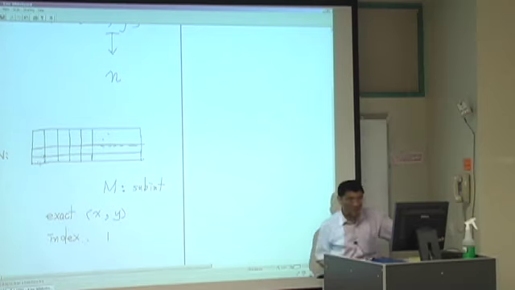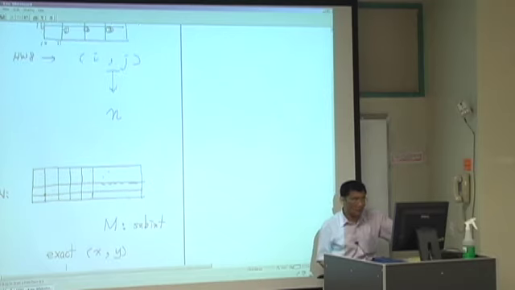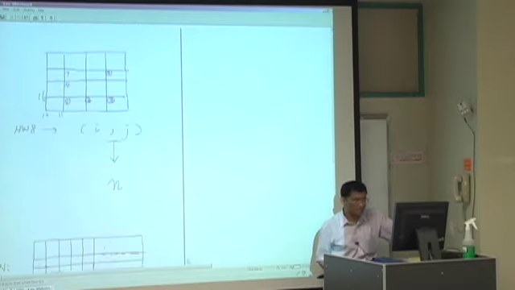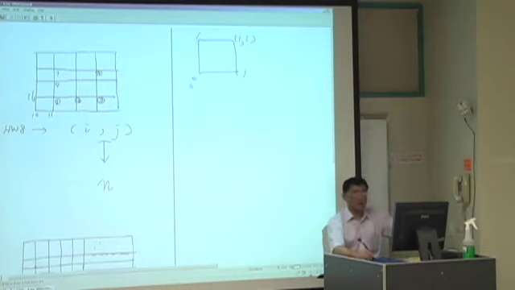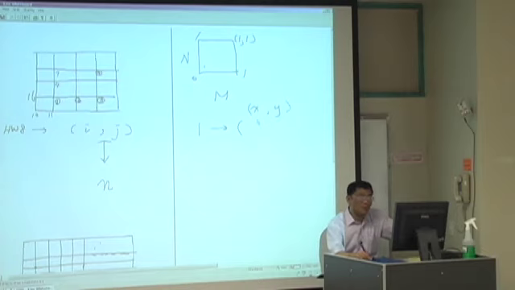So assume that we have a 1, 1, 1, 1 domain, like this one. Then assume that we divide this by m, and then divide this by n. Then the first position's exact xy coordinate is 1 over m, and then 1 over n.